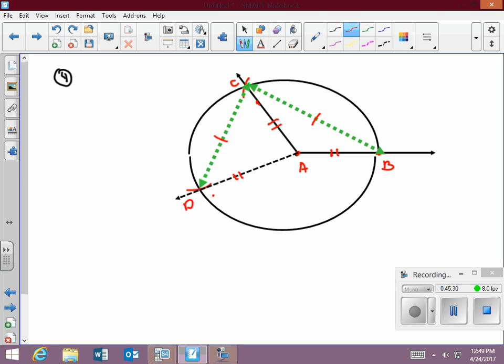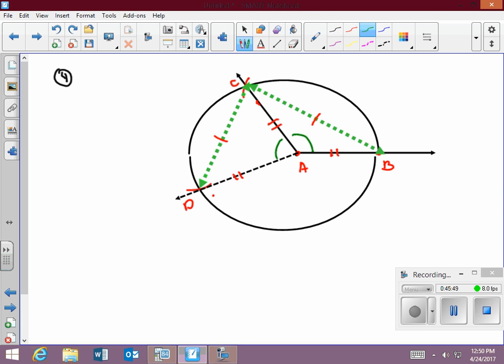Now what I'm trying to show is that these two angles are equal, and I'm gonna do it by congruent triangles.